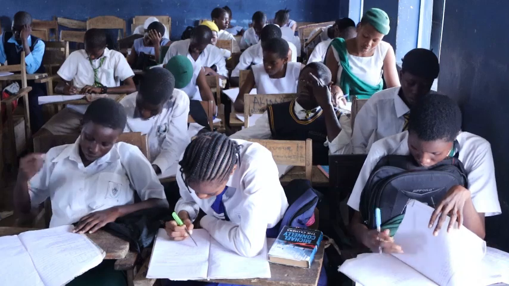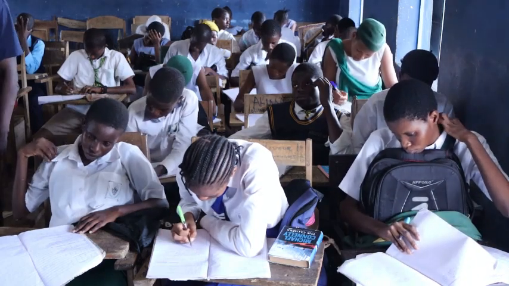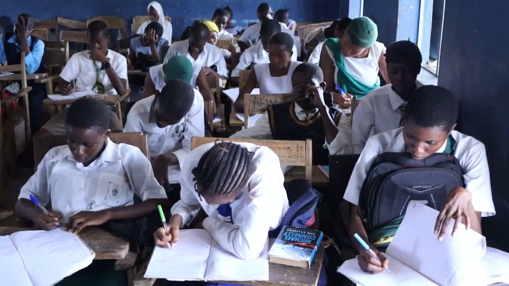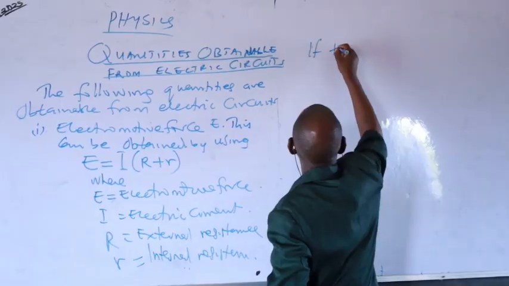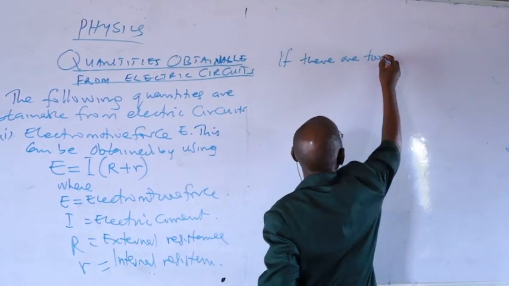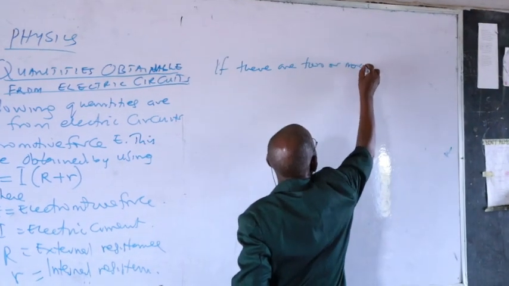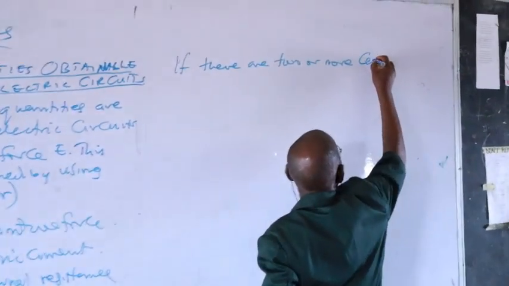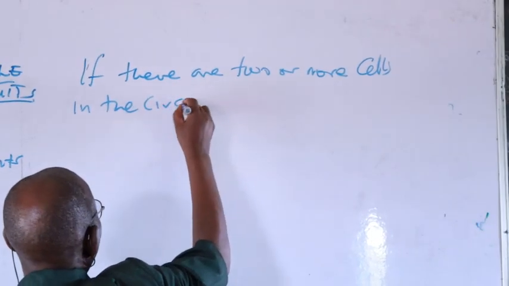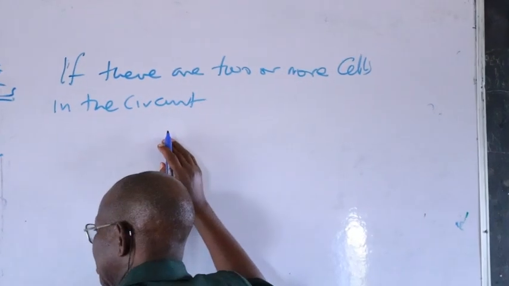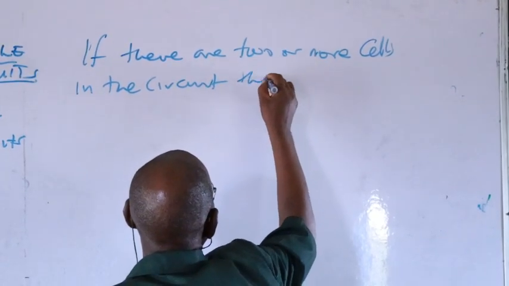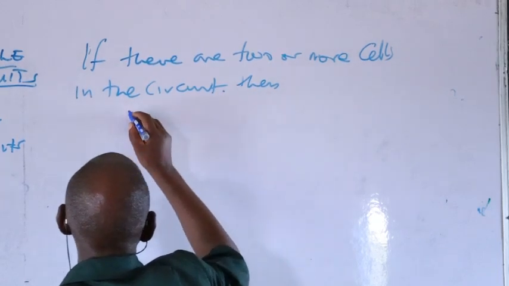This is when you have one cell in the circuit, but if there are two or more cells in the circuit, then we have E total.